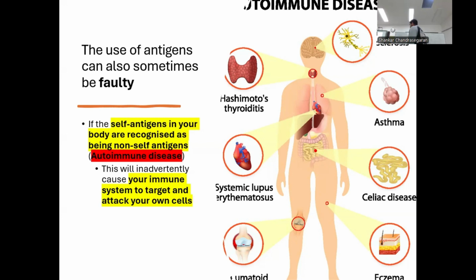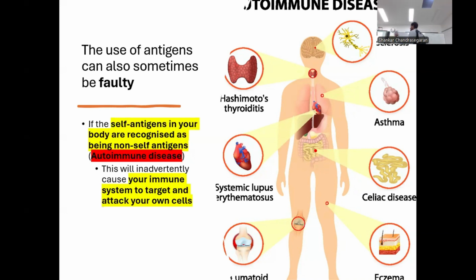So the prominence of these autoimmune diseases within an individual is always changing. It's not fixed, right? Sometimes it can get better, sometimes it can get worse, and that all depends on the immune system and the corresponding antigens present on those specific cells. If they're going to be recognized as non-self forever, then they will have those autoimmune diseases forever.